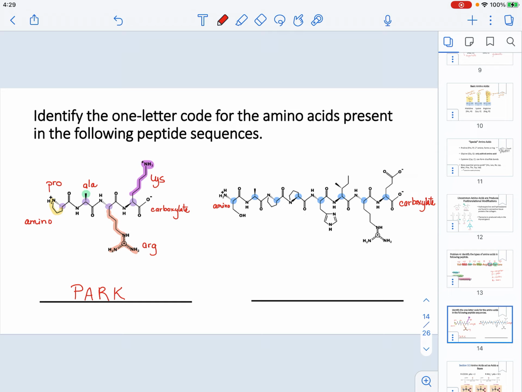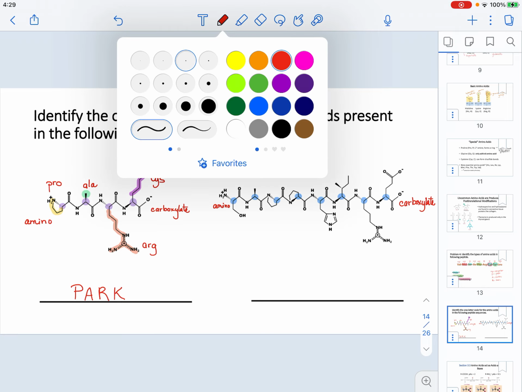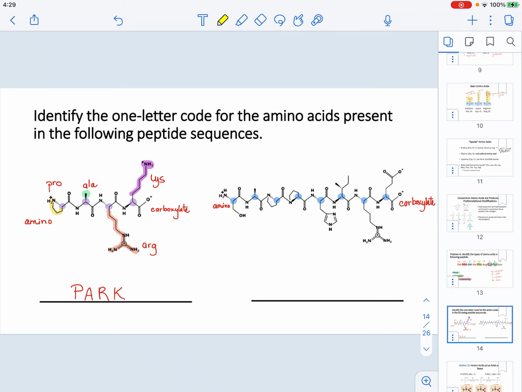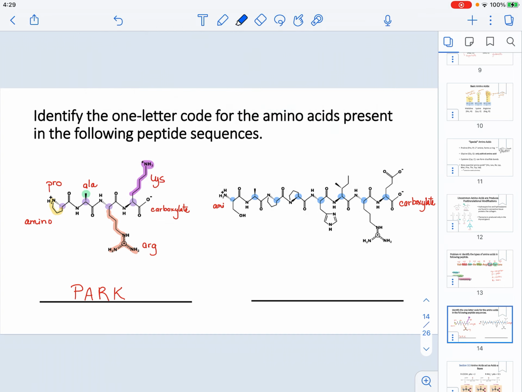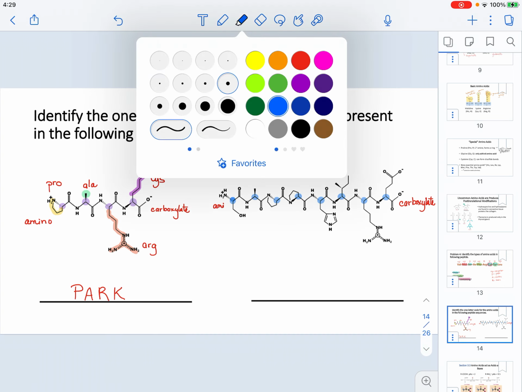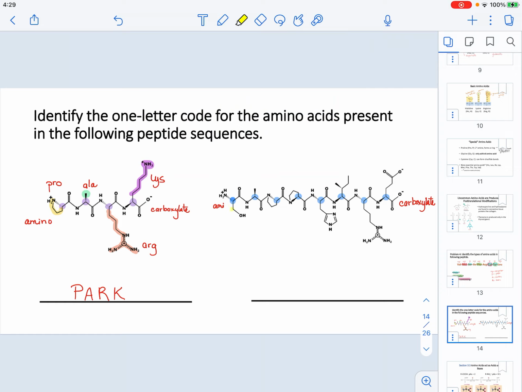So I'm going to be using my highlighter tool to show these. The first one that I have is CH2OH.